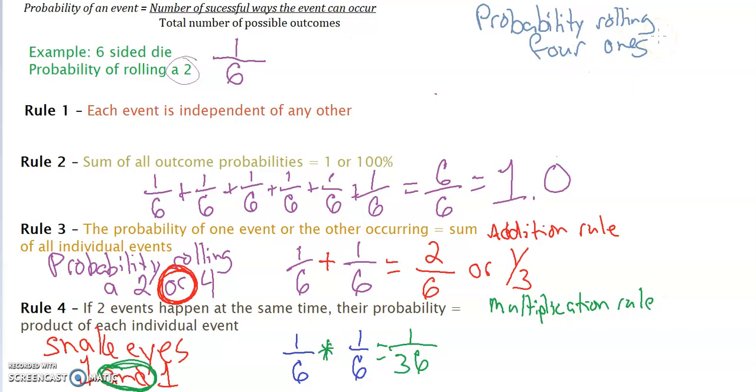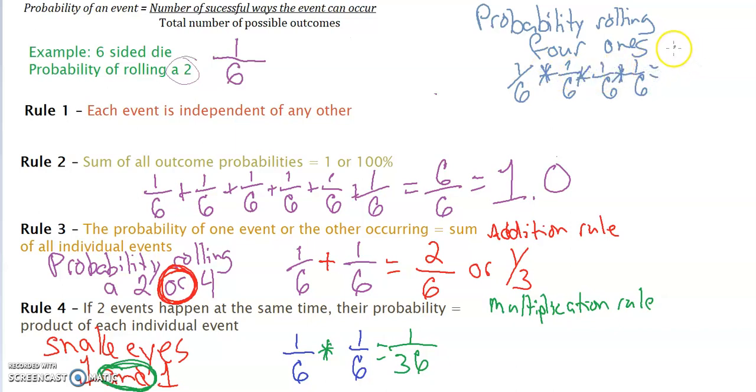So rolling a 1 and a 1 and a 1 and a 1. Again, what we would do is take each individual event: 1/6, 1/6, 1/6, and 1/6, and we would multiply each one of those together.